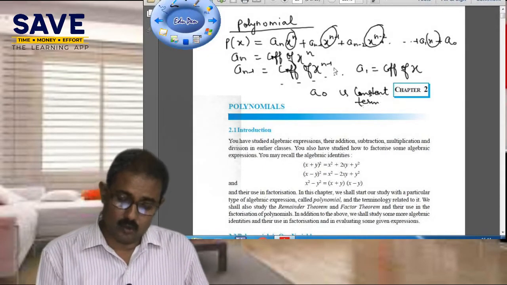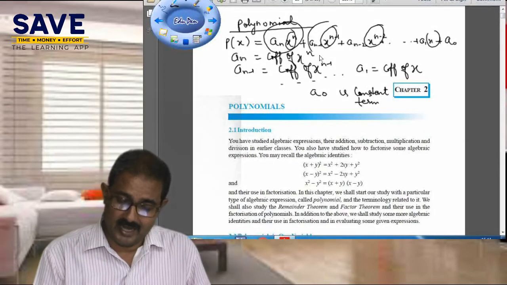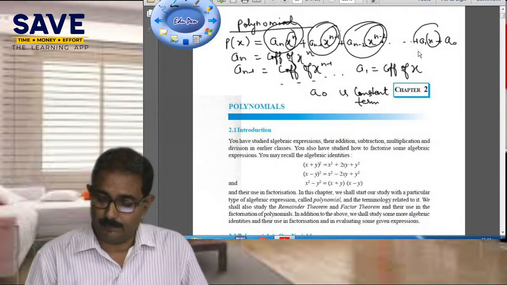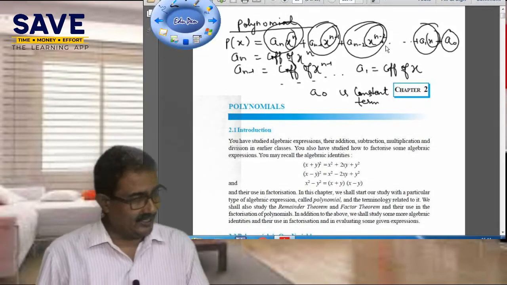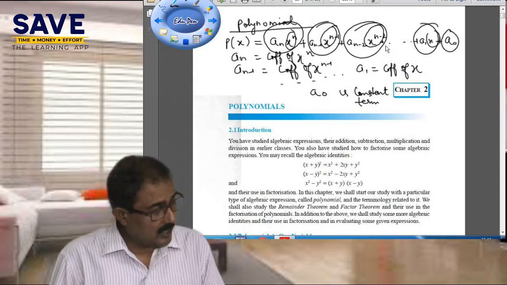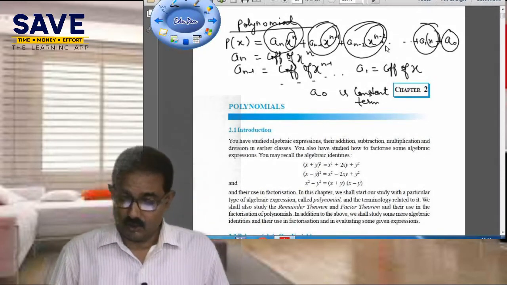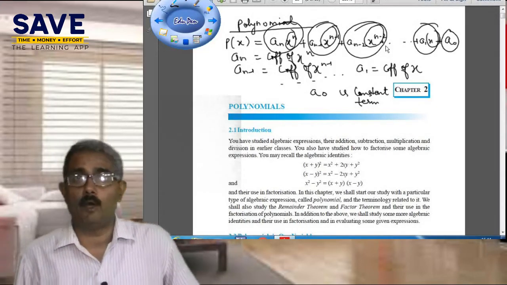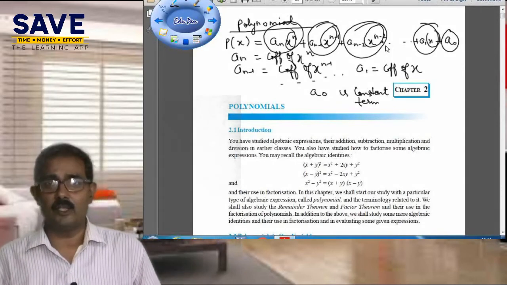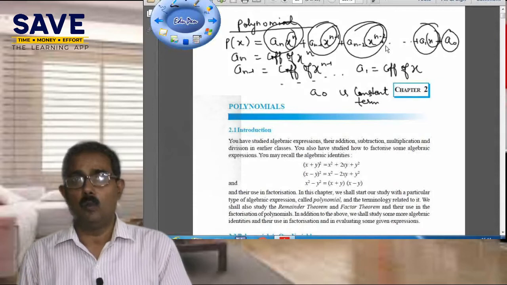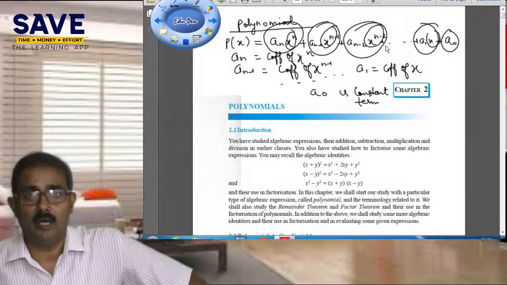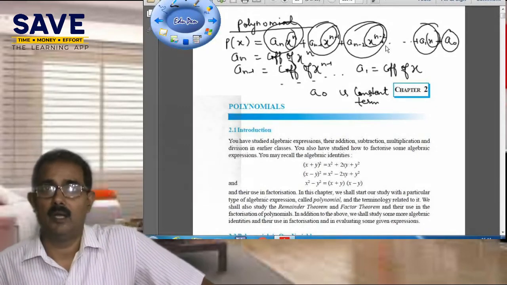Now these individual values are known as the terms of the polynomial, separated by plus or minus sign. So this is the definition of the polynomial. In simple language, any expression of this form where the powers of the variable should be a whole number.